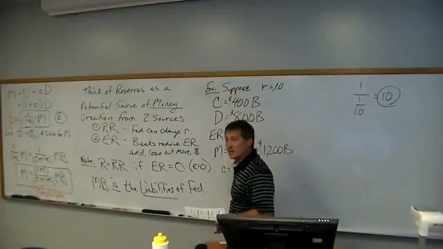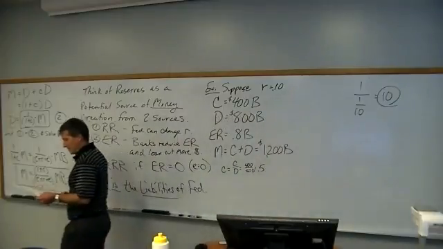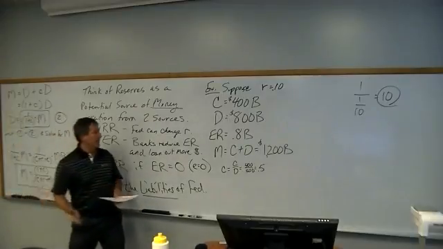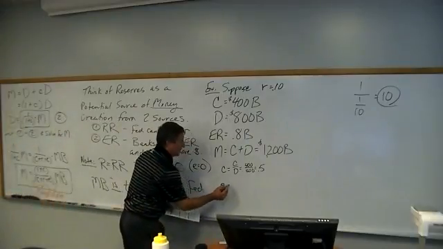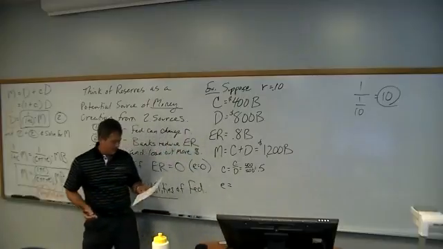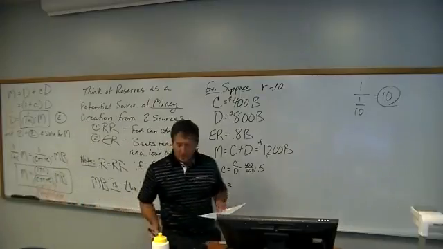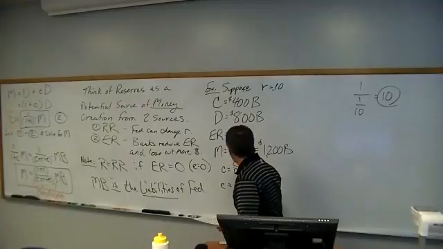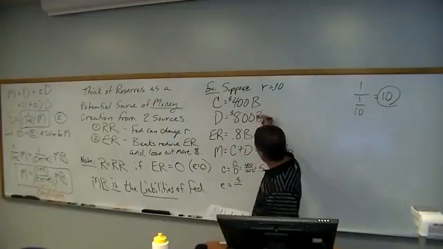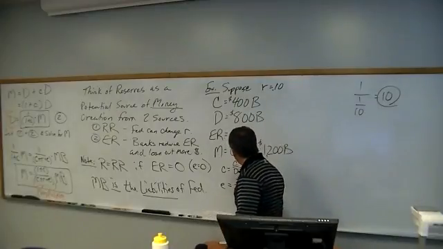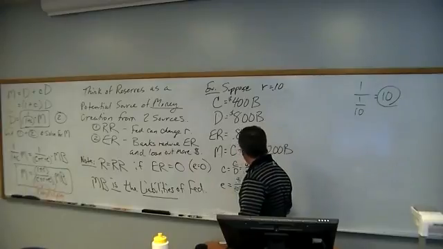So our little currency ratio is 0.5. What about little e? 0.01. So we've got the 0.8 billion over the 800 billion equals 0.001.